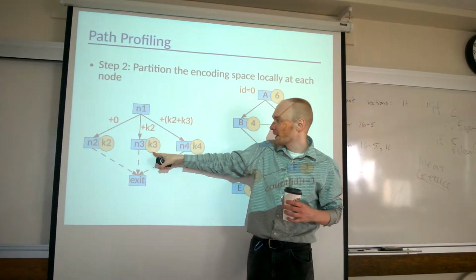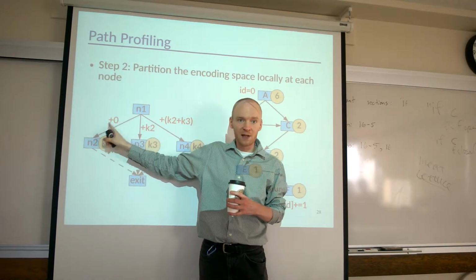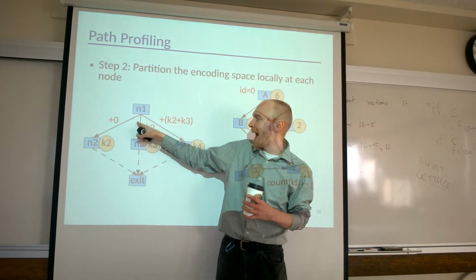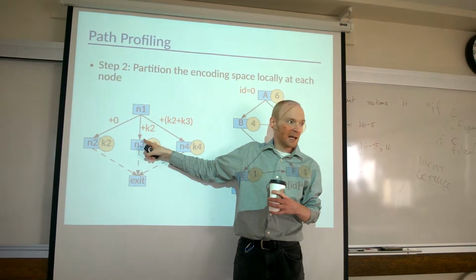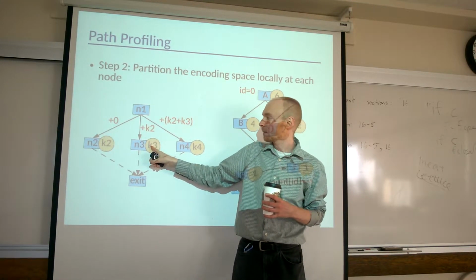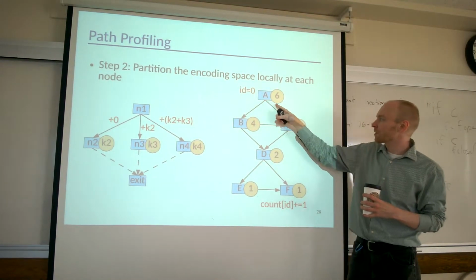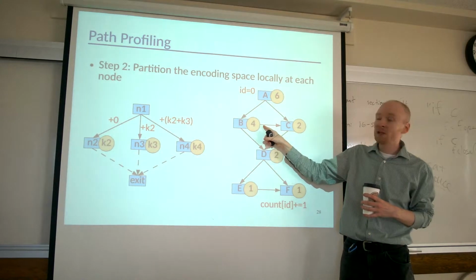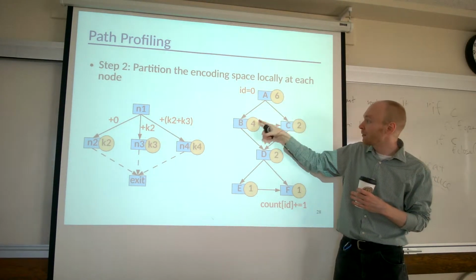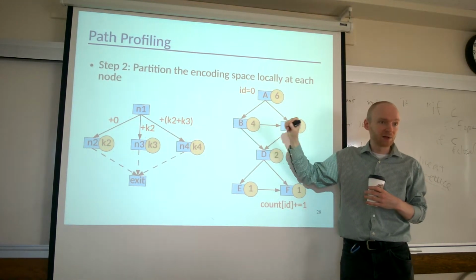So you can see over here the process is that you add the number of paths to the previous successor in order to find what you're going to add as an increment along the path to partition the space for the next one. So when we look at C, any path starting with AC is going to be in the range of 4 and higher, right? So we add 4, because that's what we considered as the number of paths to this node, from this node.